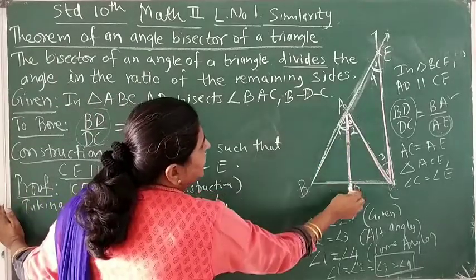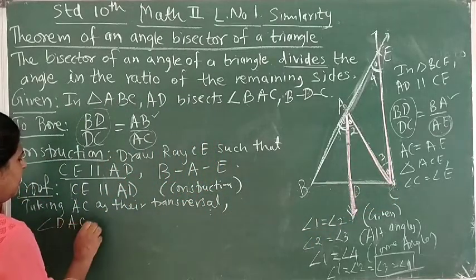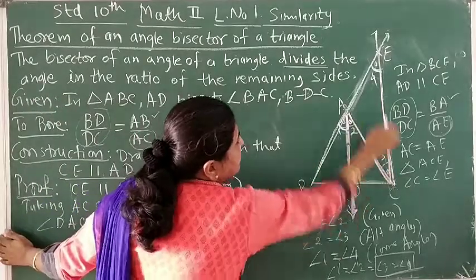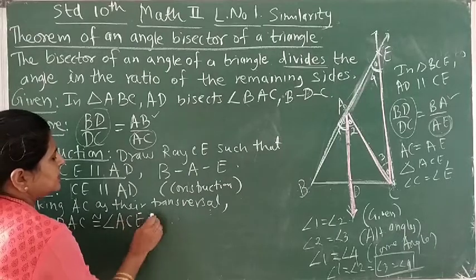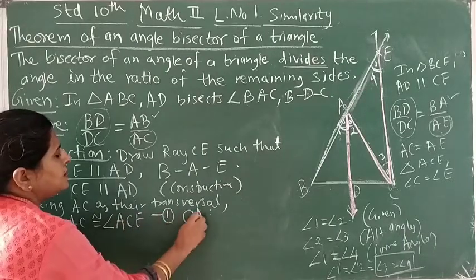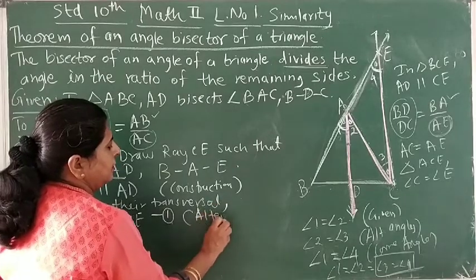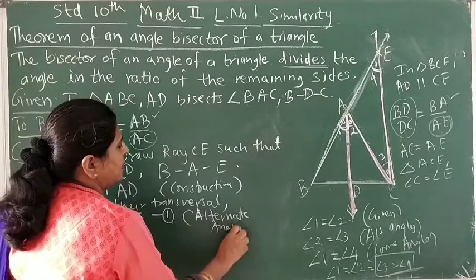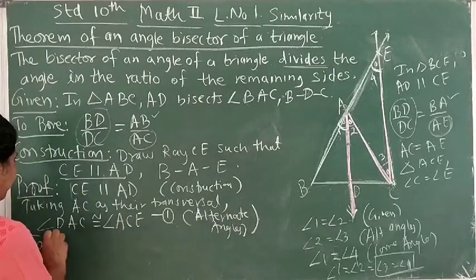This second angle, meaning angle DAC, is congruent to the third angle, that is angle ACE. Statement number 1, reason: alternate angles.